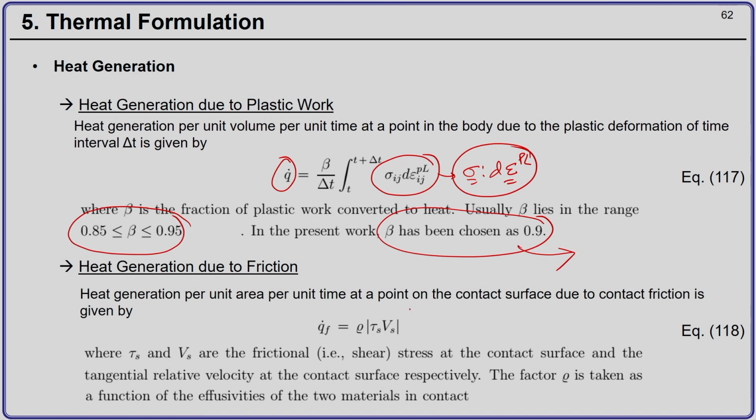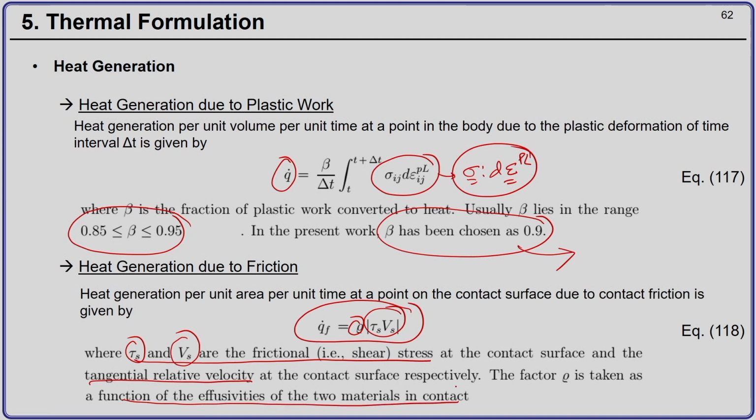Now, the heat generation due to the friction is taken as Q dot F and it depends on the shear stress at the contacting surface and also the relative tangential velocity V s. It depends on the absolute value, it does not depend on which direction there is a slip. If there is a slip, there will be heat generated, and then this rho is taken as a function of the effusivity of the two materials in contact.